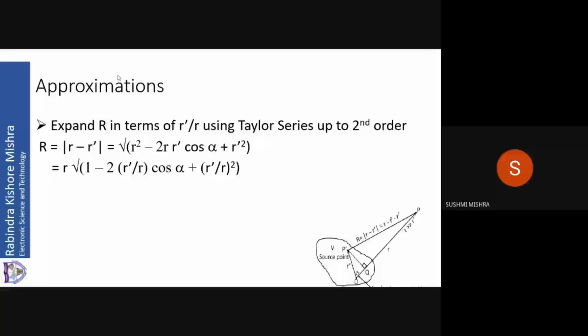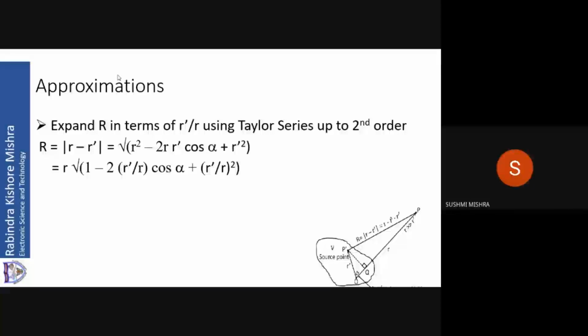If you take r in the figure, you can see we have r cap dot r dash is equal to r dash cos alpha. R cap is the unit vector. Now if you take the complete vector r, then that will be r dash dot r dash. So that will be r dash cos alpha. So from that you are getting this 2r dash cos alpha. Now let us rewrite that by taking r square common.